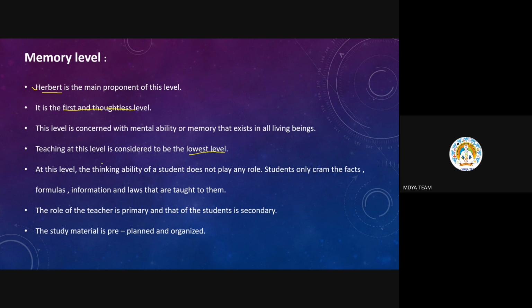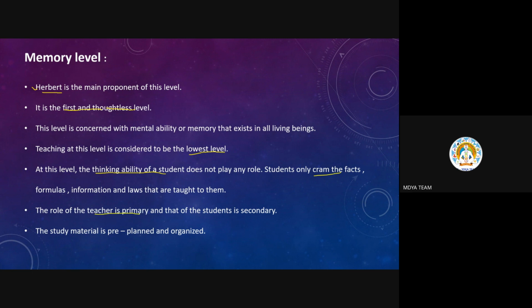At this level, the thinking ability of a student does not play any role. The student only crams the facts, formulas, information and laws that are taught to them. Rectification is there. In memory level, there is rectification. The role of a teacher is primary, and the memory level of teaching is teacher-centered.